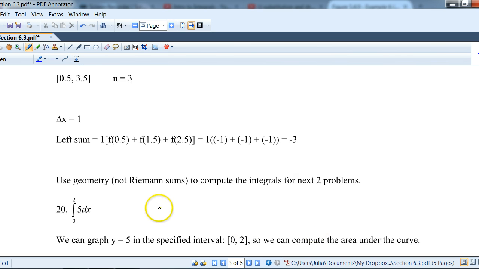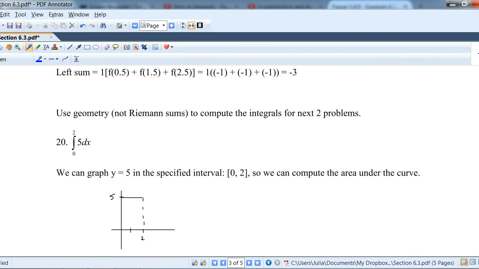Going to the next point, we can use geometry to relate it to the area under the curve besides the Riemann sum. So let's relate it back to the integrals a little bit. This is called the definite integral from 0 to 2. We'll learn how to do that in the next section. It's basically the graph of y equals 5, this is our function, on the specified interval from 0 to 2.